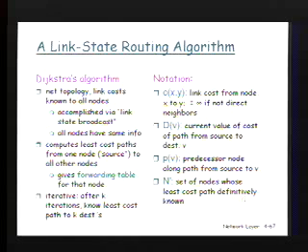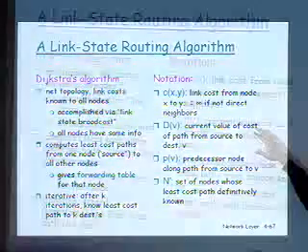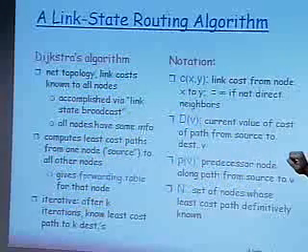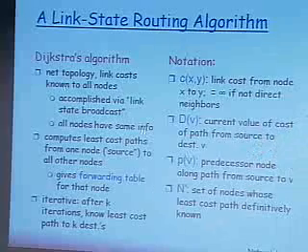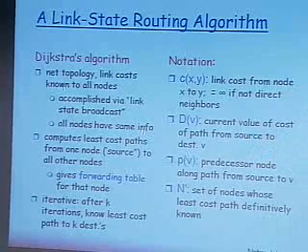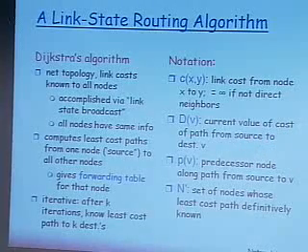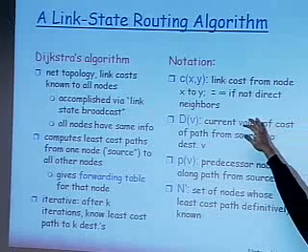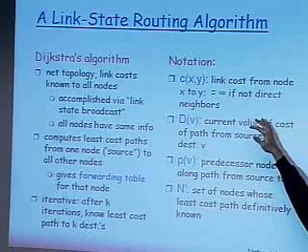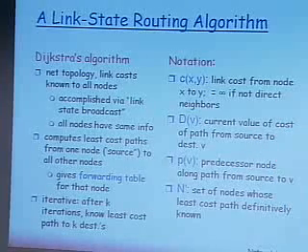So the notation is: the link cost between any two nodes x and y is given by C of x comma y, which, if a link exists, is equal to the cost which is defined, and if a link doesn't exist, then that cost is going to be infinity. So if there is no direct link between any two nodes on the network, the cost is defined to be infinity.